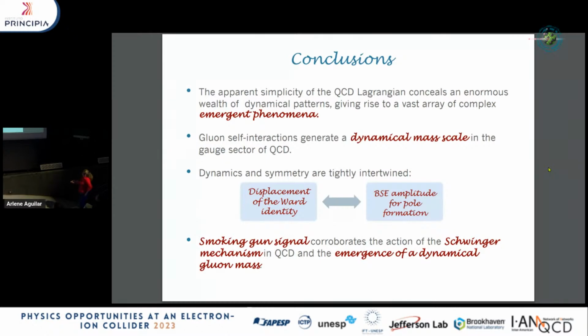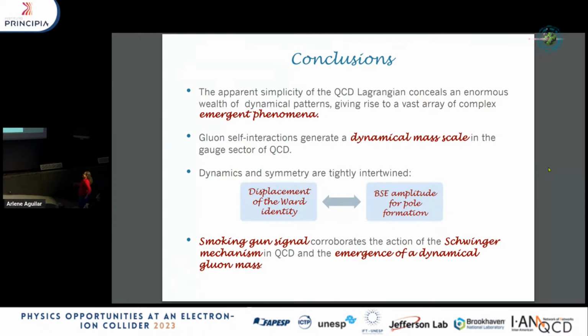So then I have here my conclusions. Although the QCD Lagrangian appears very simple, there are a lot of complex dynamical effects hidden in this Lagrangian, and one of them is the emergence of a gluon mass. The gluon self-interaction is going to generate a dynamical gluon mass, and the poles in the three-gluon vertex are going to generate this gluon mass, and then create this displacement in the Ward identity.